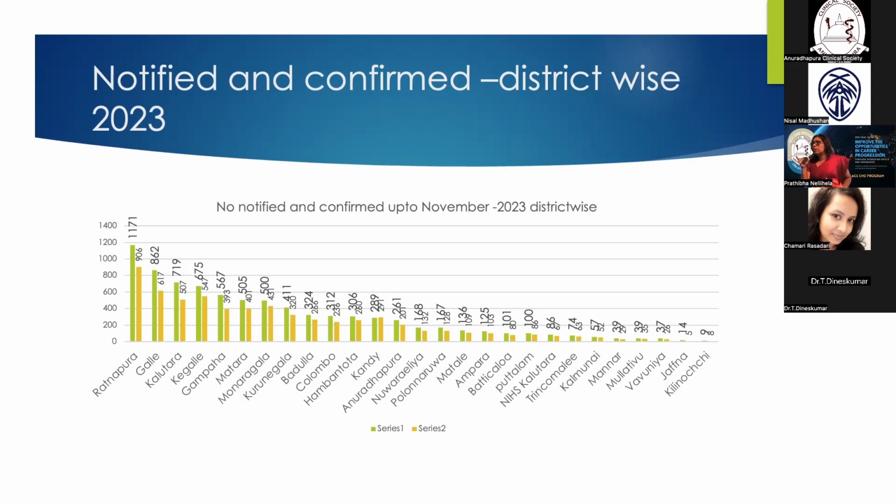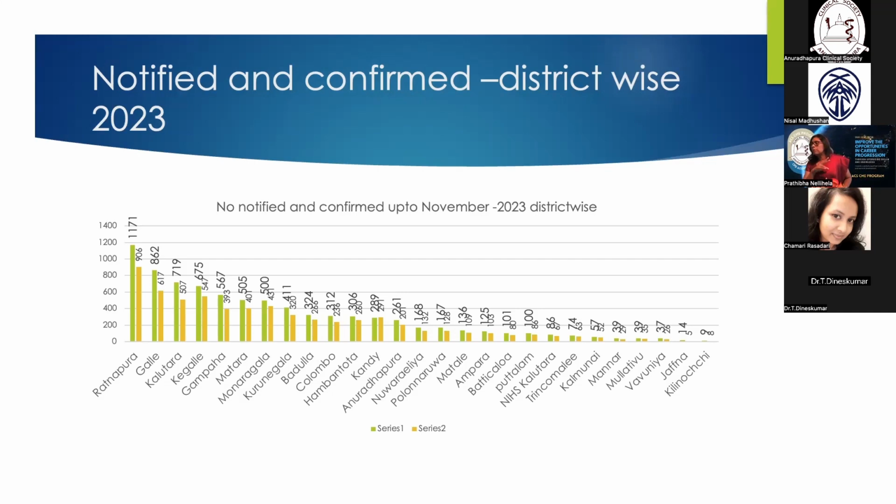So when the notification is sent, the MOH team will go and do the field activities. So then they will confirm whether it's a leptospirosis case. They are not the ones who are making the confirmation. It's the hospital who is doing the confirmation.